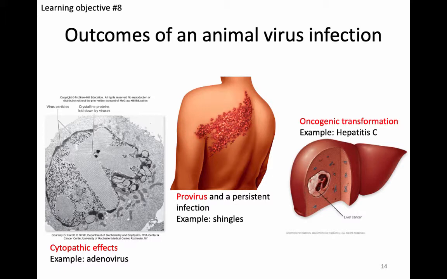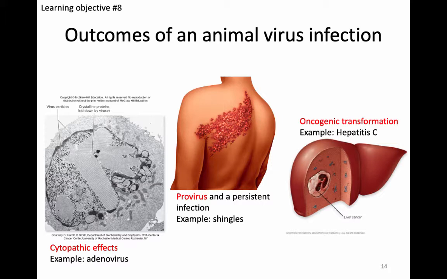In an animal virus infection, there are 3 outcomes. The first is cytopathic effects, which means that the host cell is damaged and its function is somehow compromised. The second outcome is a provirus and a persistent infection, where the virus can insert itself into the host cell DNA and then can exist in the host cell without doing anything for a period of time before it is reactivated and can then cause a new infection in the host.